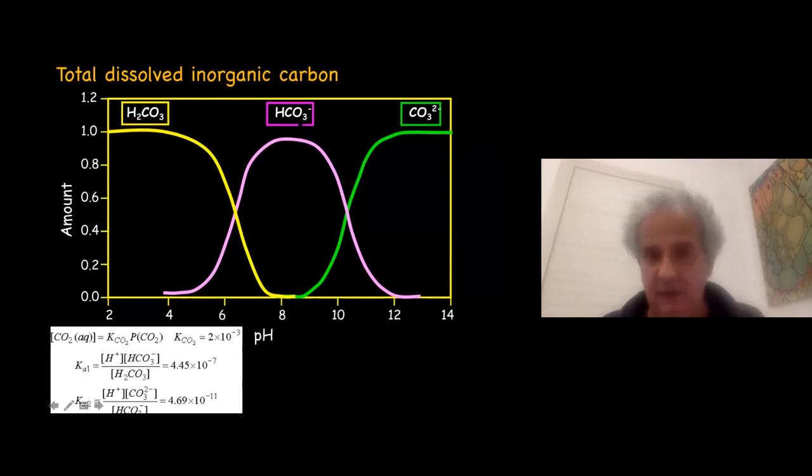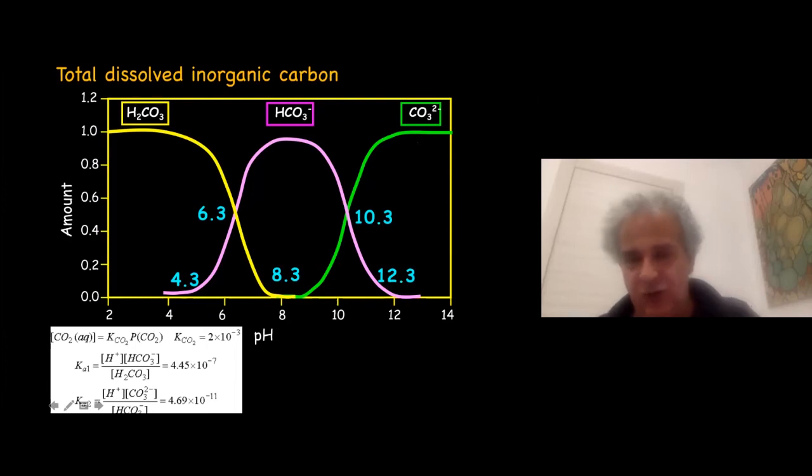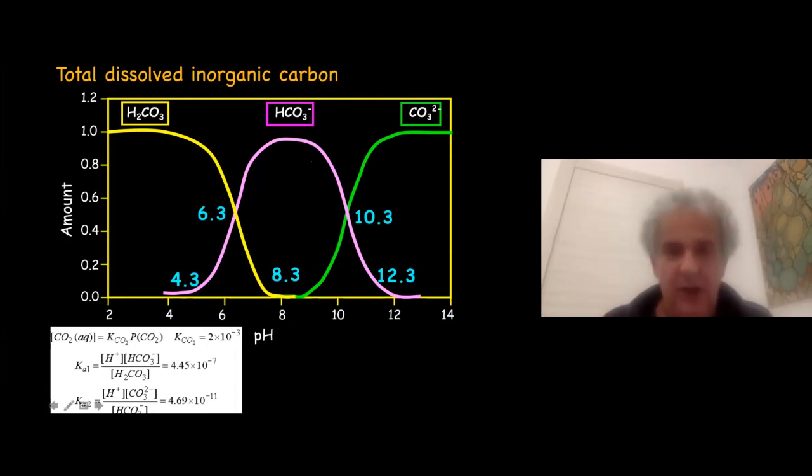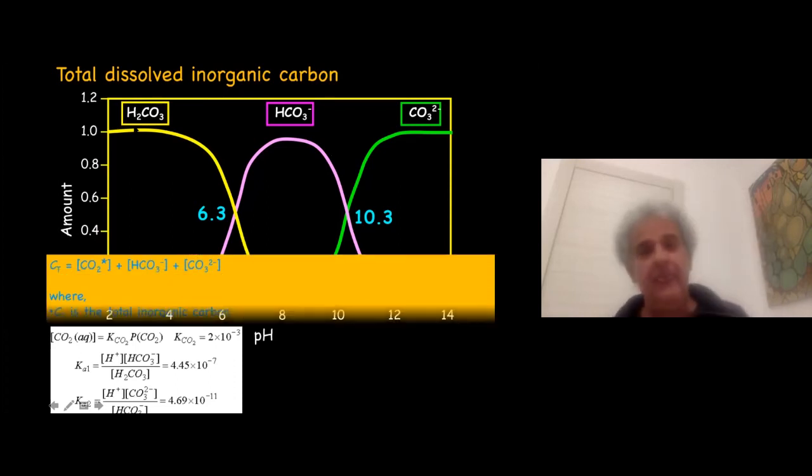Carbonic acid, bicarbonate, and carbonates. And according to the pH of your water, you may see that you have bicarbonate or a mixture between bicarbonate and carbonate, or if you are in the case of acidic water, you have carbonic acid or CO2, okay?